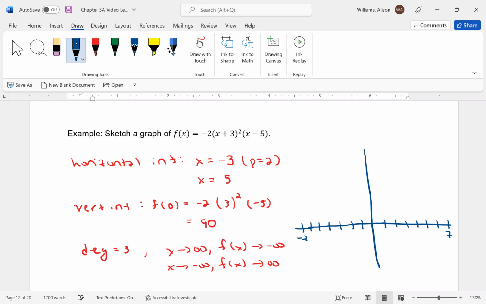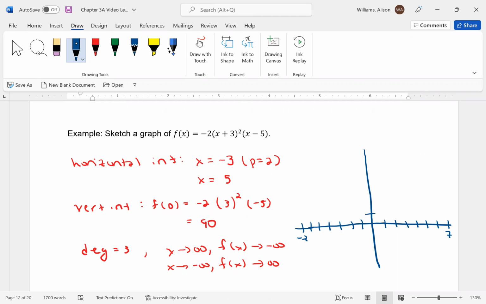But on the y-axis, because I have to get all the way up to 90, I'm going to go by bigger numbers. Now, I have a rough idea of what this is going to look like. So I'm going to go by 20s.